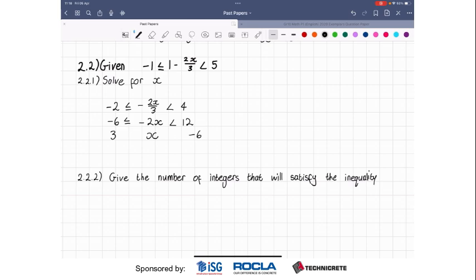But now what I have to remember is that when I've got inequalities like these, and I divide or multiply the whole inequality by a negative number, that means that my inequalities have to change direction. So here where I had the less than or equal to, I must have the greater than or equal to, and here where I had the less than, I must have a greater than.